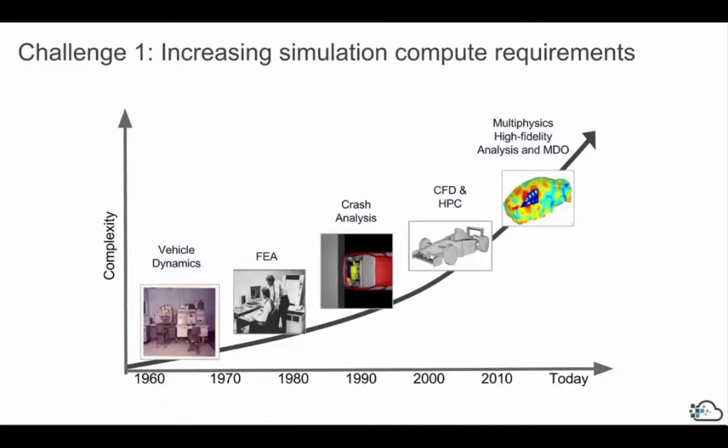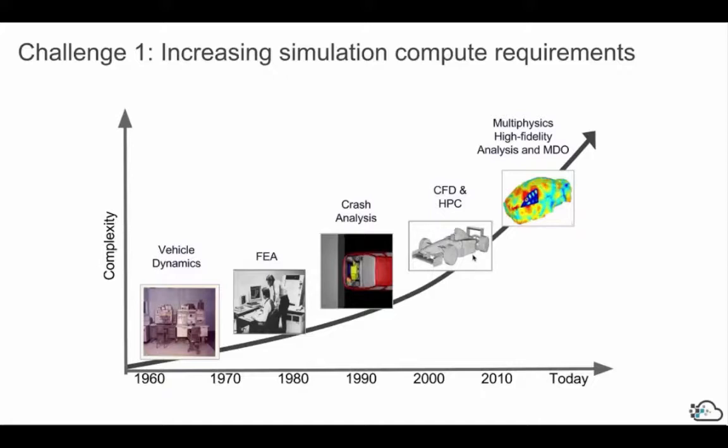And then in the 80s and 90s, the automotive industry began to use crash analysis to reduce the cost of crash testing. Then in the late 90s to the millennium, computational fluid dynamics for combustion and aerodynamics started, combined with the explosion of high-performance computers, really pioneered by Cray.